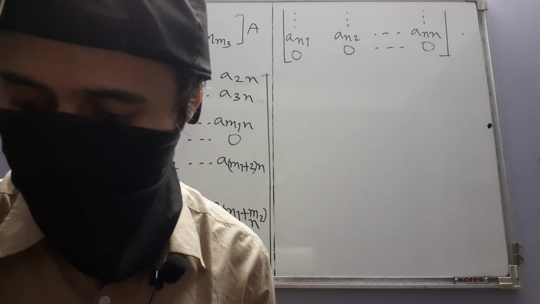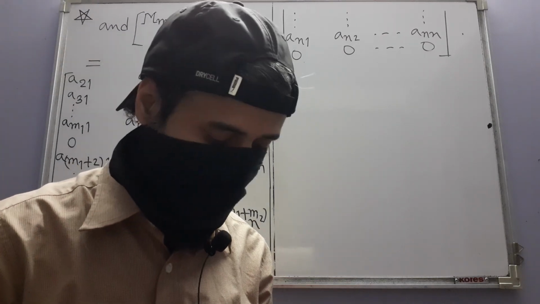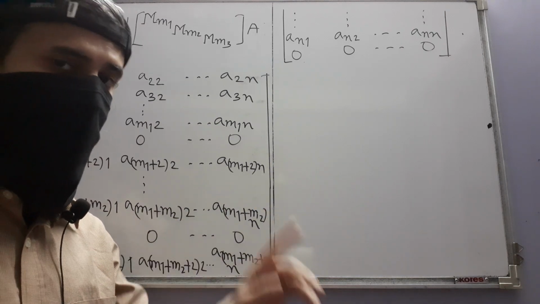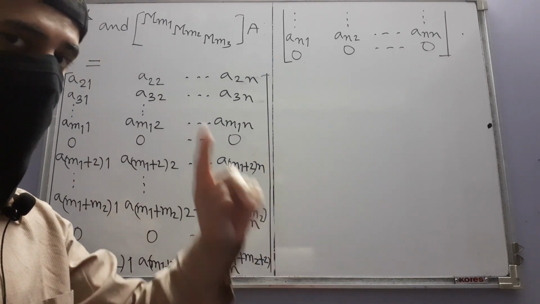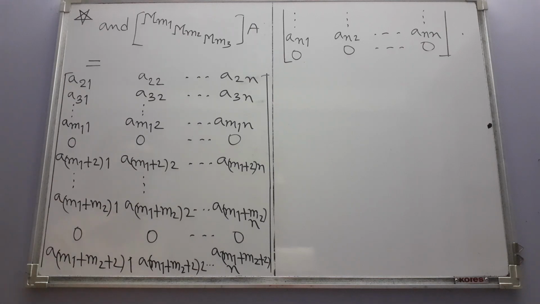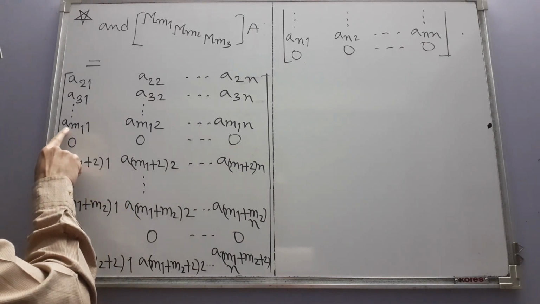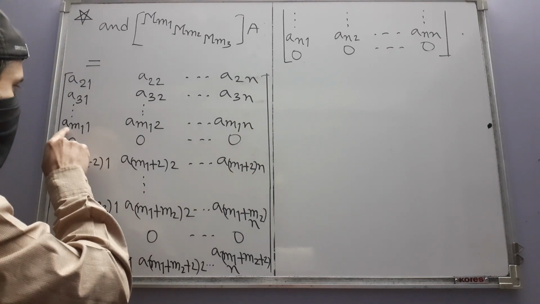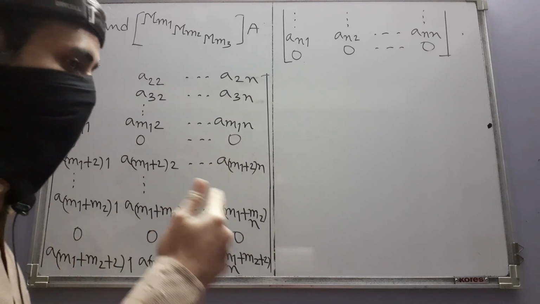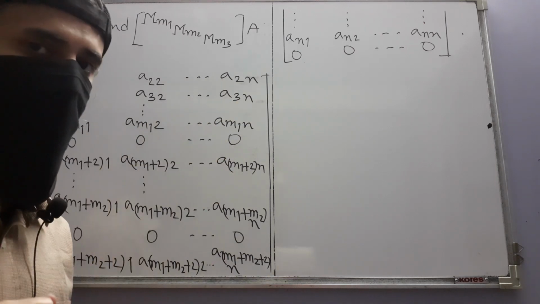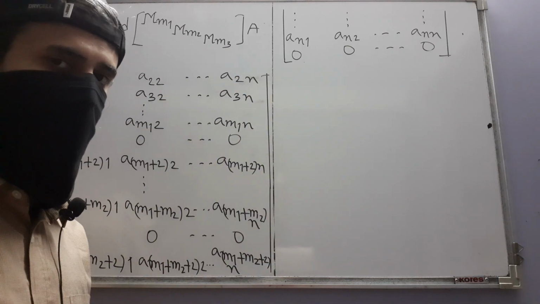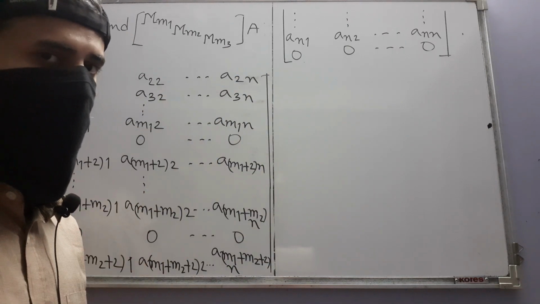Now, if you go back to the solution of exercise 3, there you will see that after writing these two products, not exactly these two products, but the products that we have in that problem, we then went on showing that these entries are all 0, and they are the entries in the m1th row of the matrix A. So that's how the matrix A had an entire 0 row. So how can it be invertible? That was our contradiction.